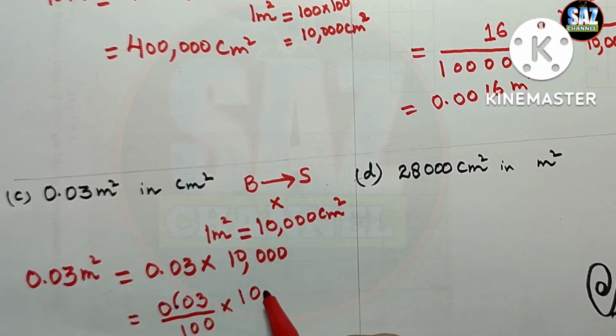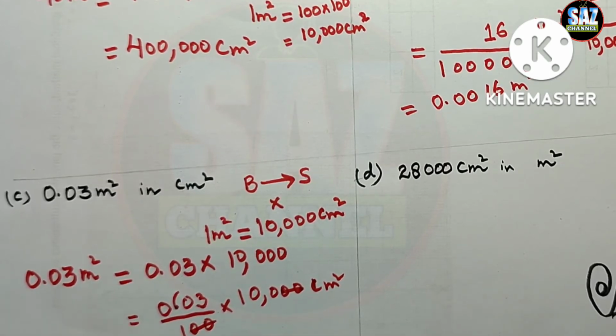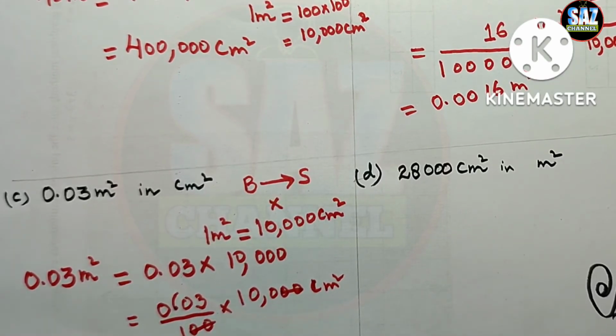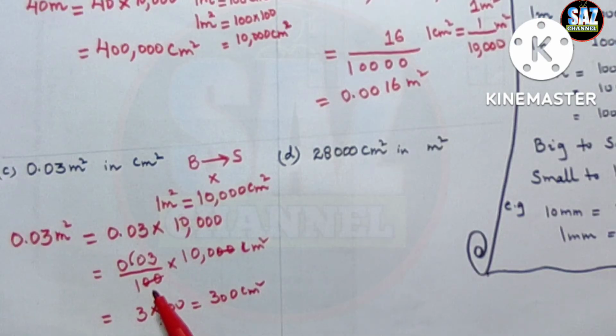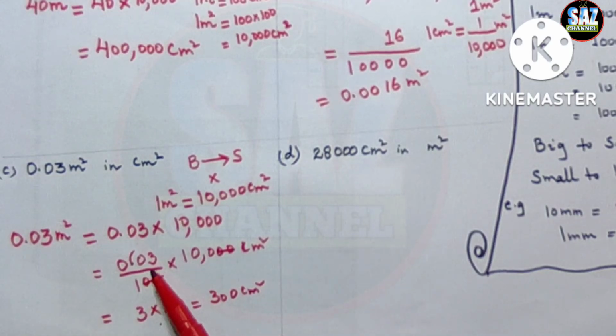Then I have to multiply this number by 10,000, and this is centimeter square. 2 zeros go with these 2 zeros, and we are left with 3 multiplied by 100, and this will be equal to 300 centimeter square. First I have removed the decimal, and then I'm cancelling these 2 zeros with 2 zeros, and we are left with 3 with 100. So the answer of this question is 300 centimeter square.